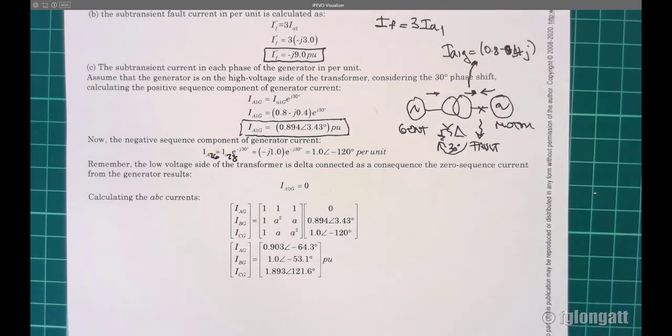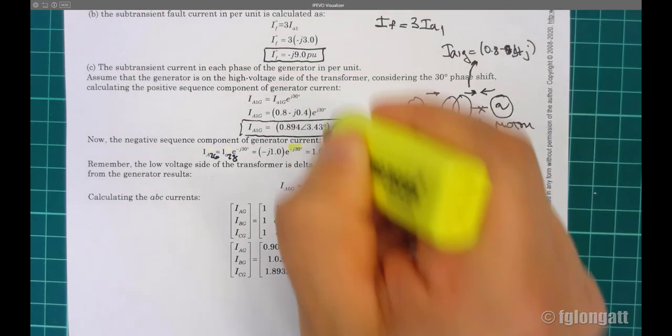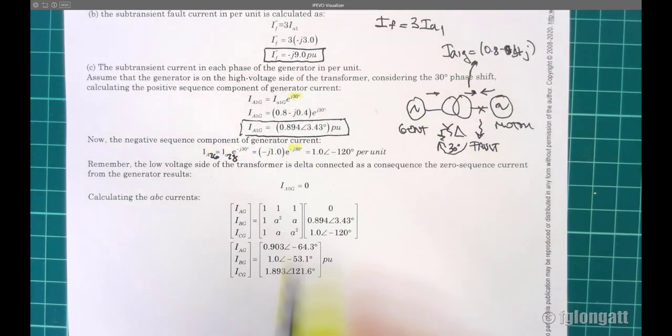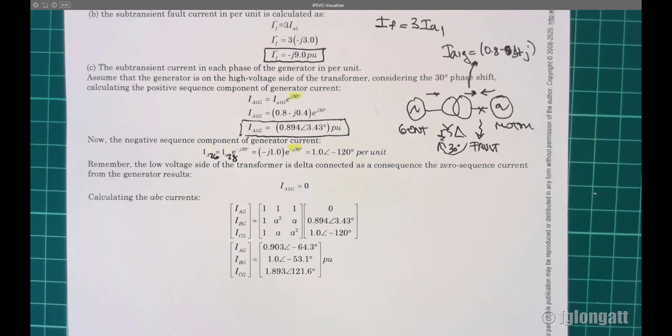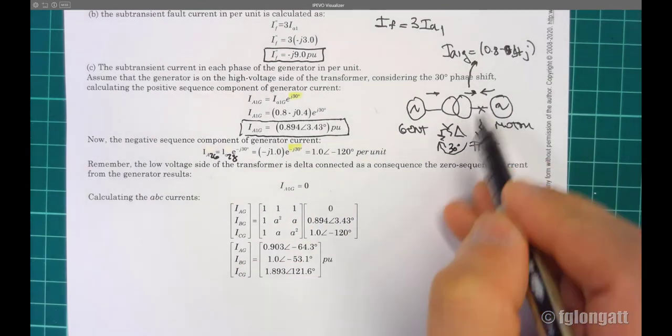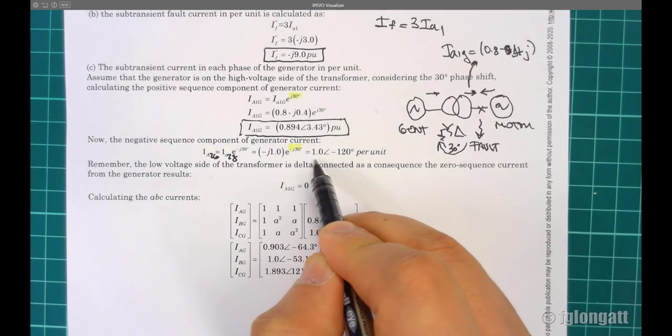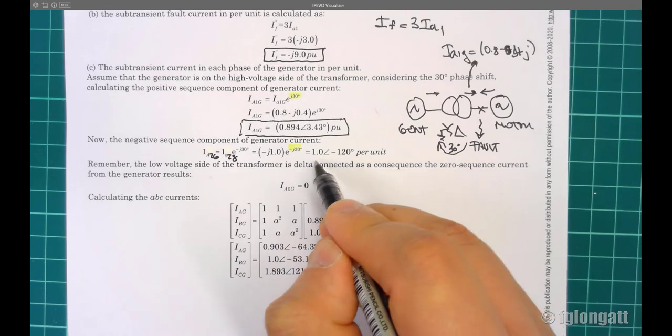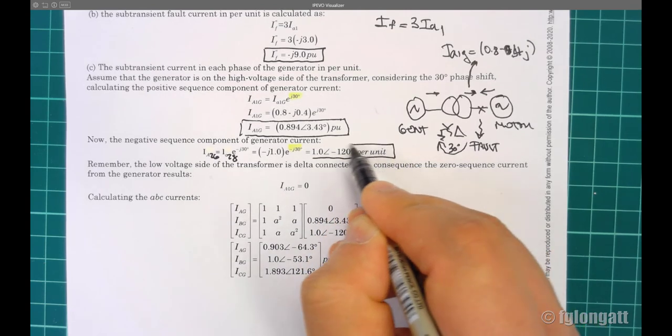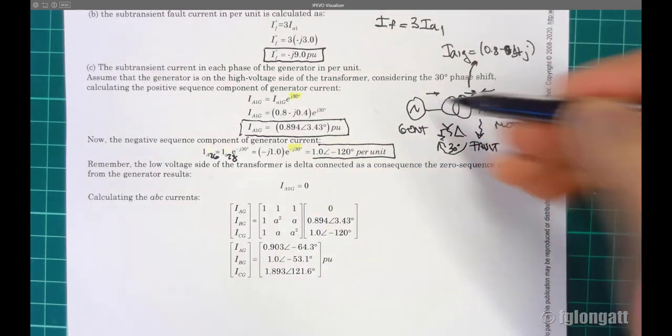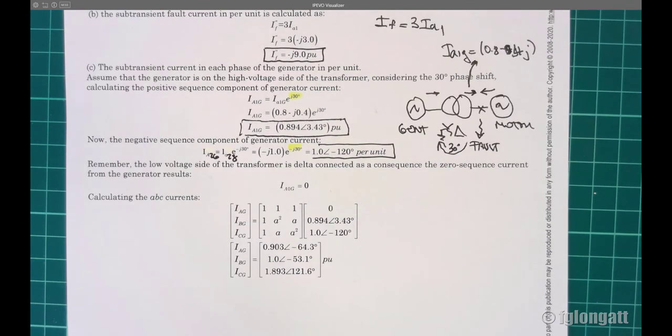Well, because the sequence changed and now it is a negative sequence, instead of using positive 30-degree, we need to use negative 30-degree, okay? And when we put the numbers together, this is the negative sequence current here on the star connected side of the transformer.